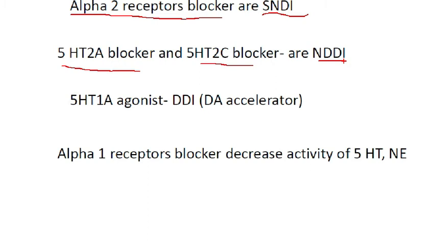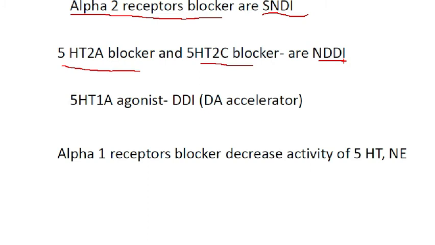Why? Because we know that alpha 2 receptors are inhibitory in nature. They will decrease the level of serotonin as well as norepinephrine if they are heteroreceptors. Likewise, 5-HT2A and 5-HT2C receptors, which are also inhibitory in nature, will decrease the level of norepinephrine and dopamine if they are heteroreceptors.